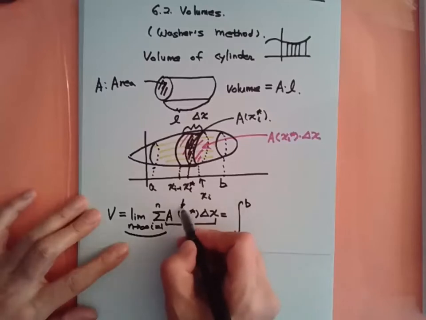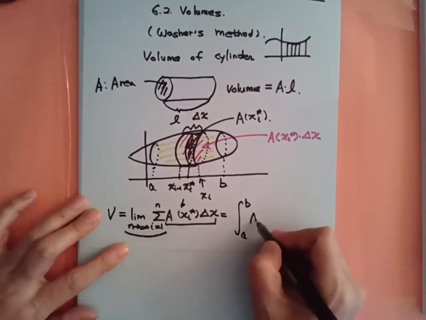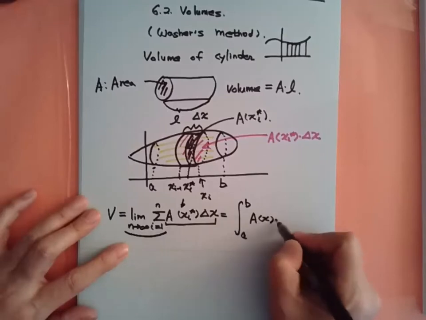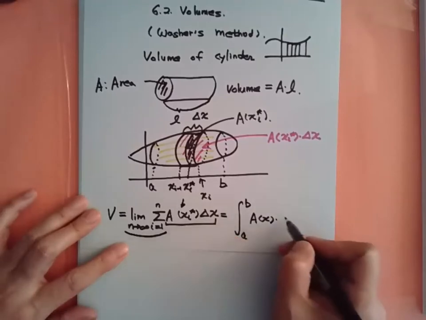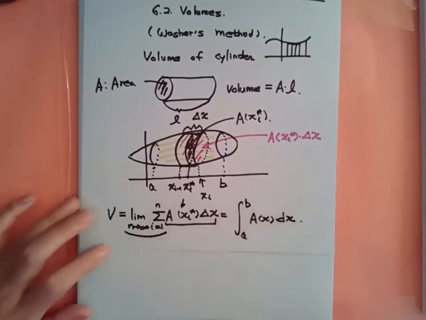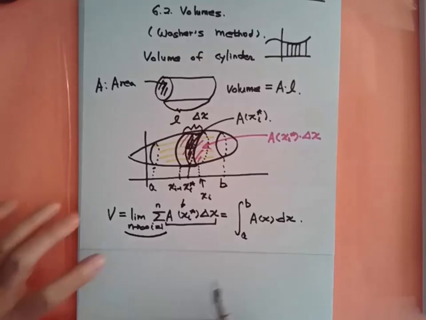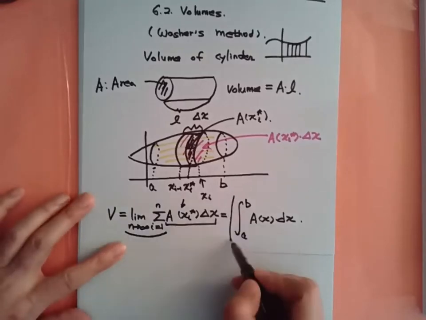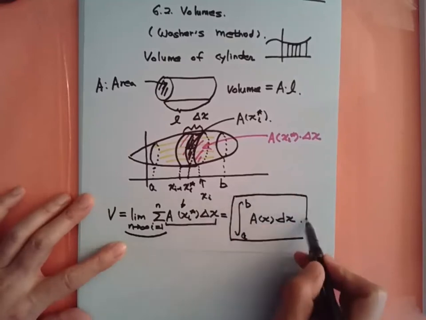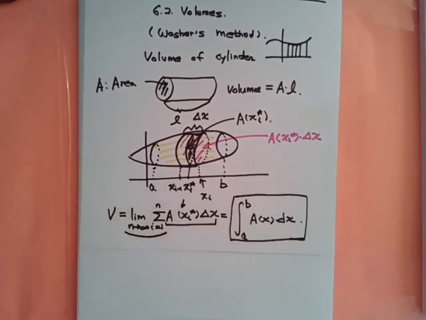And this part can be written as A of x, and delta x becomes dx in the notation. That just means this length is extremely thin, almost zero. So this is the formula for the volume of a three-dimensional object.